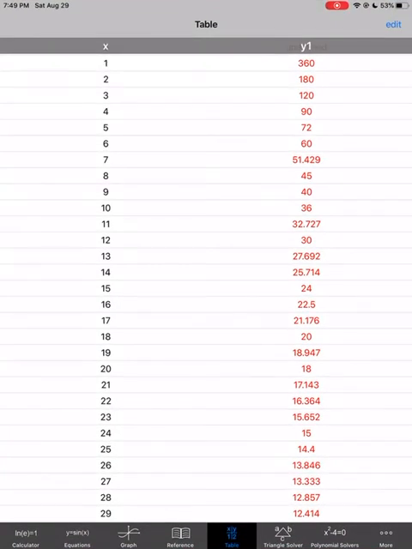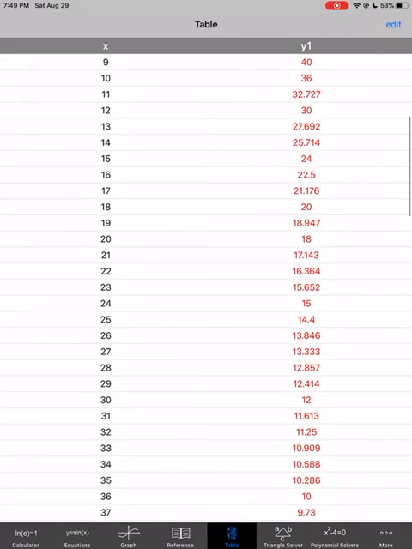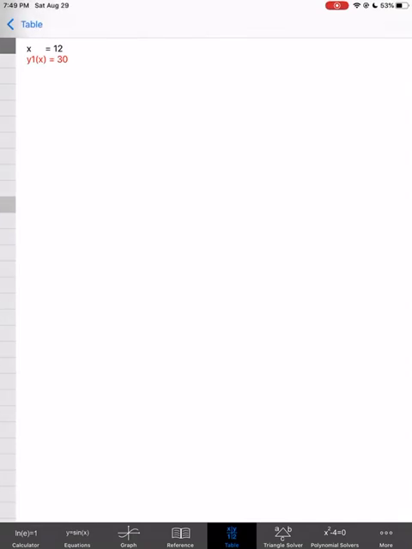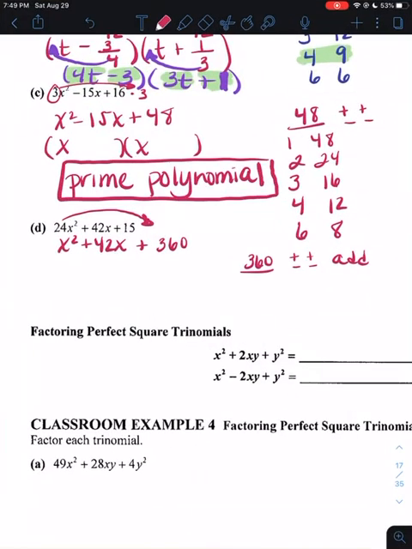So going across, let's see, 42. All right, here I see 30 times 12, or 12 times 30, and when you add 12 and 30, you get 42. Again, that table is really helpful. So x plus 12, because you're trying to get a positive 42, and x plus 30. Now I need to come back and divide both numbers by 24.